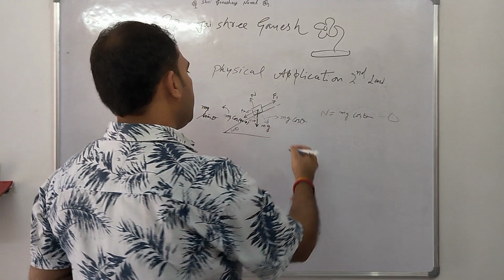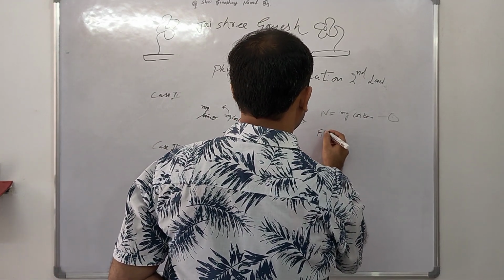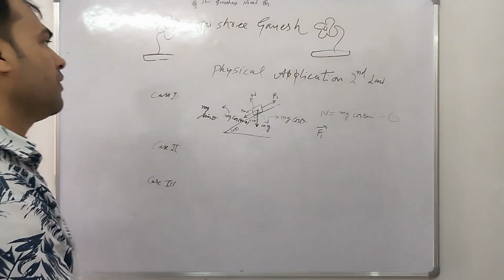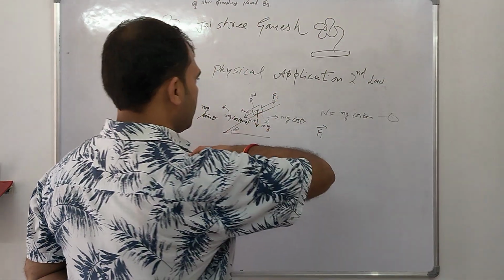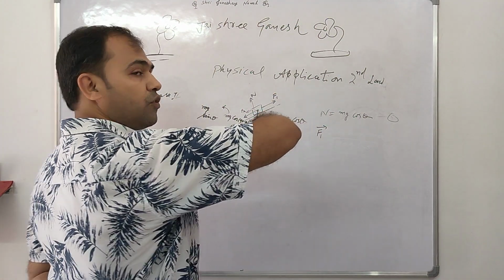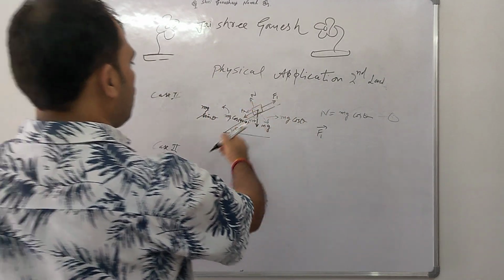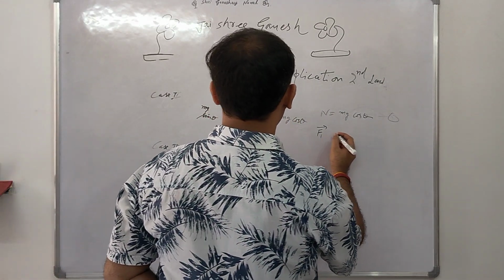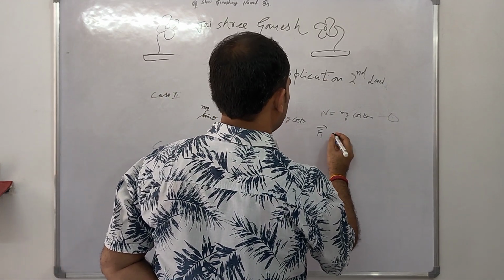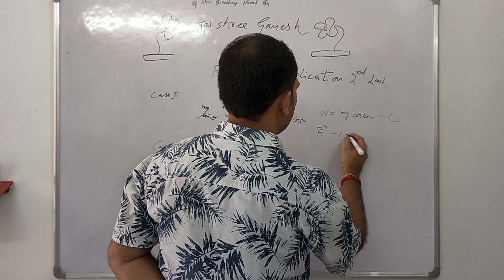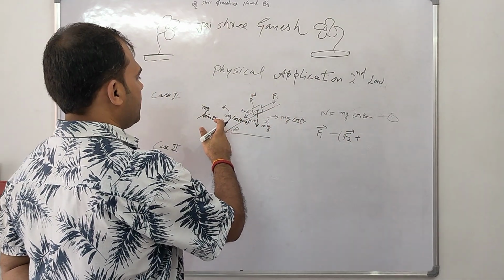So upward along the plane is F1. Then downward forces are minus F2 plus mg sin theta.